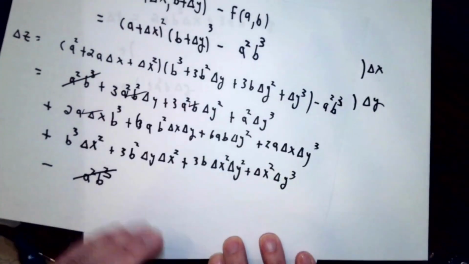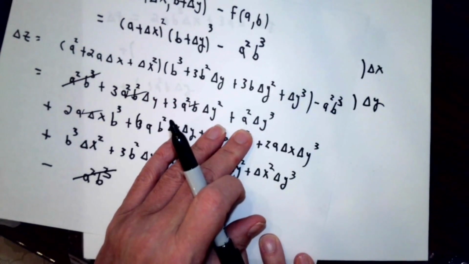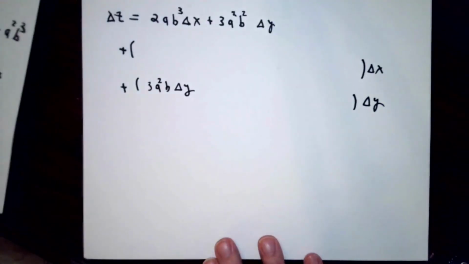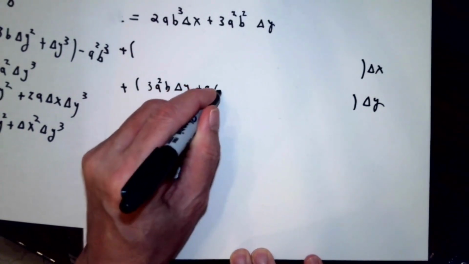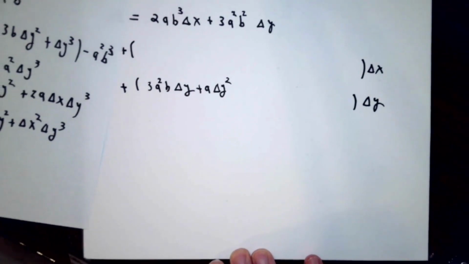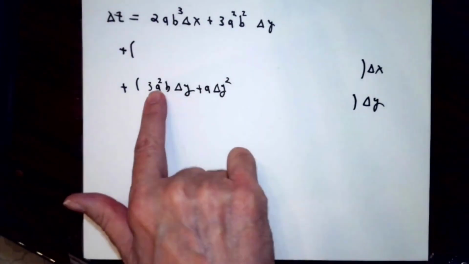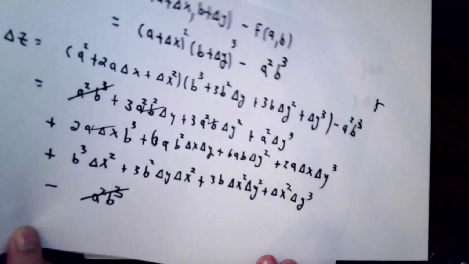So that's been accounted for. Plus a squared delta y cubed, if I factor a delta y out of that, I'll have a squared times delta y squared left. Both of these terms will tend to 0 as delta x and delta y tend to 0.